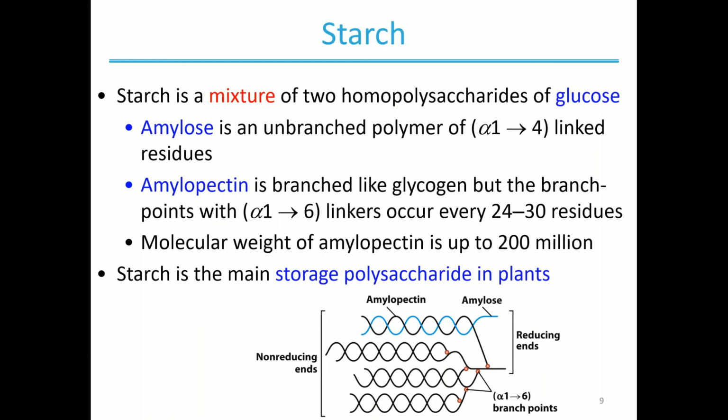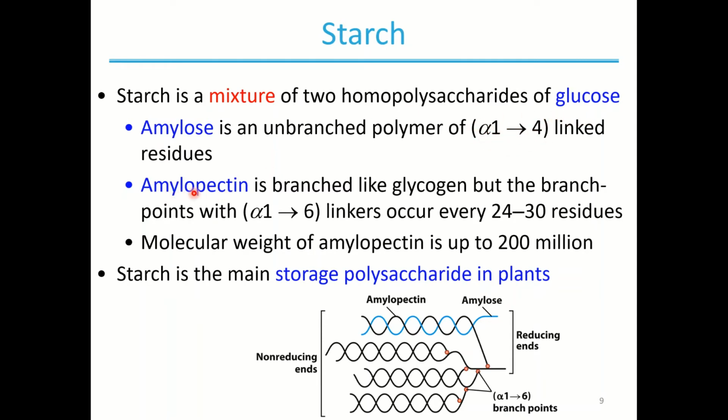The storage polysaccharide in plants is starch, and starch is a mixture of two homopolysaccharides of glucose. Those two are called amylose and amylopectin. Amylose is not branched. It's a linear chain of alpha 1 to 4 linked residues. So amylose is fairly similar to the linear part of glycogen, being alpha 1 to 4.